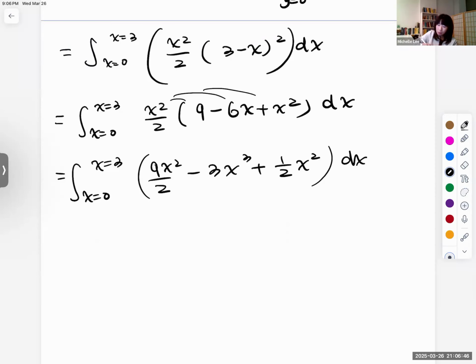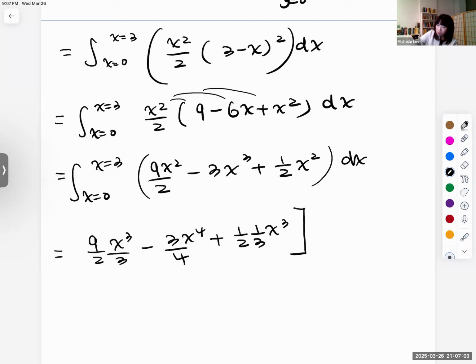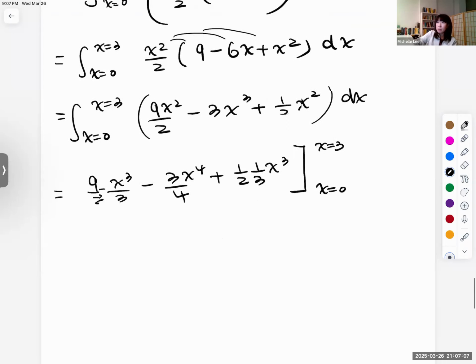Let's integrate: 9 over 2 times x to the third power over 3, minus 3x to the fourth power over 4, plus 1/2 times x to the fifth power over 5, from x equal to 0 to 3, right?